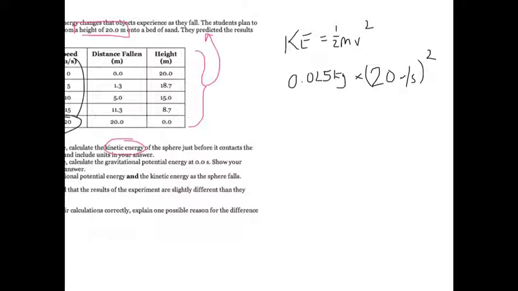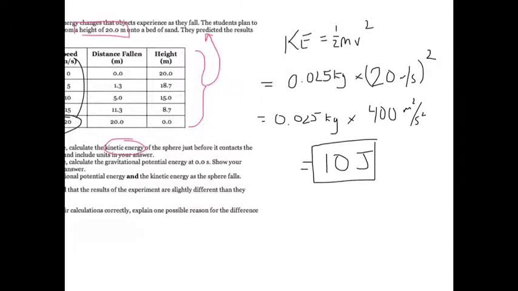All right, that's going to equate to 400 meters squared per second squared times 0.025 kg. Do that math and you're going to get a resultant of 10 joules of kinetic energy. So that is our answer to A, 10 joules with units.